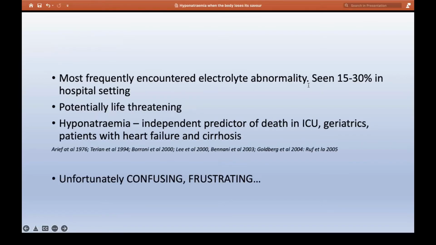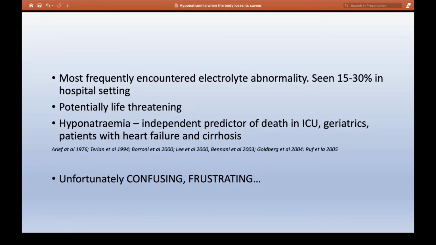So hyponatremia is the most frequently encountered electrolyte abnormality in clinical practice, and we see it in up to 1/3 of patients in hospital settings, and it leads to potentially life-threatening circumstances.